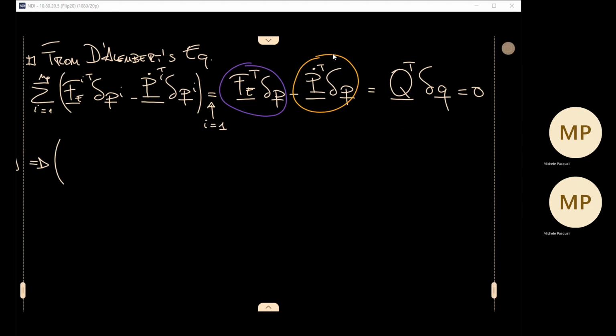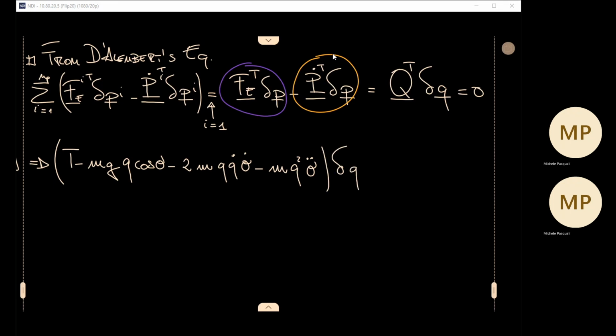So what we get eventually is this. T minus m g q cosinus of theta minus 2 m q dot theta dot minus m q squared theta double dot times the delta theta, plus m theta dot squared q minus m g sinus of theta minus m q double dot.